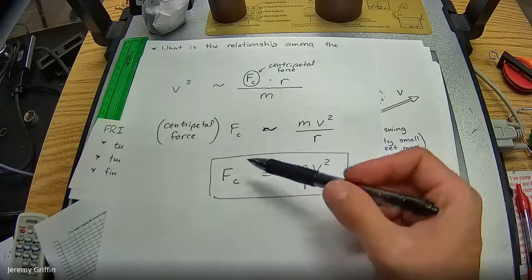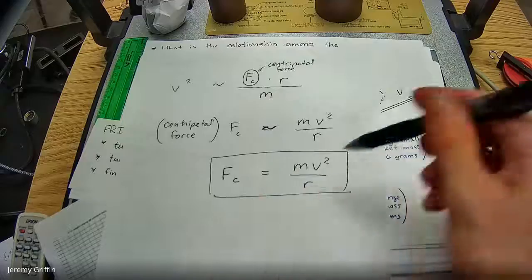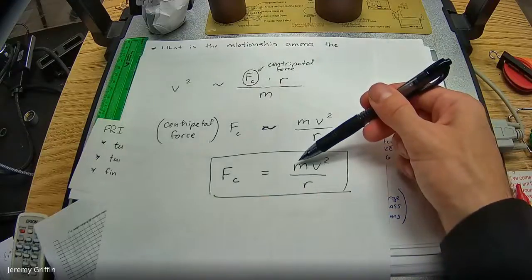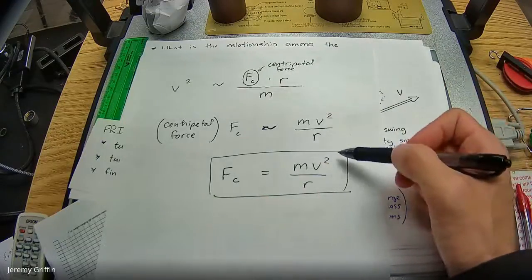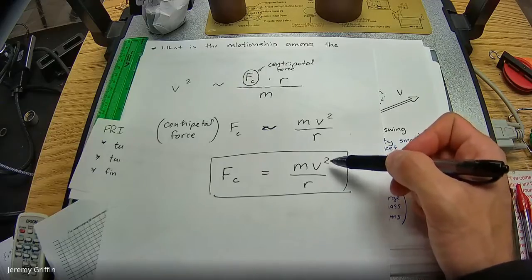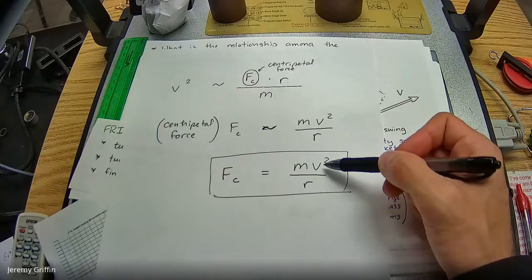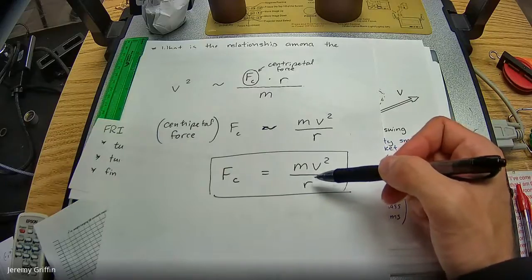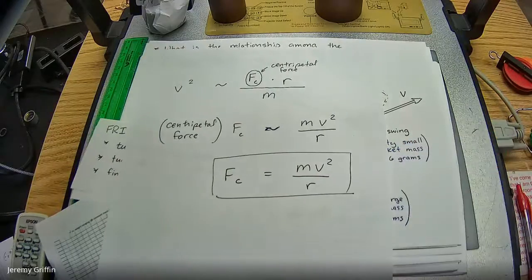And then what would that force be equal to? It would be equal to the mass of your car multiplied by the square of the speed of your car. So you look at the speedometer, it says like 30 miles an hour. That's the speed of your car, all divided by the radius of curvature of that curve. There you go. Any questions about that lab?